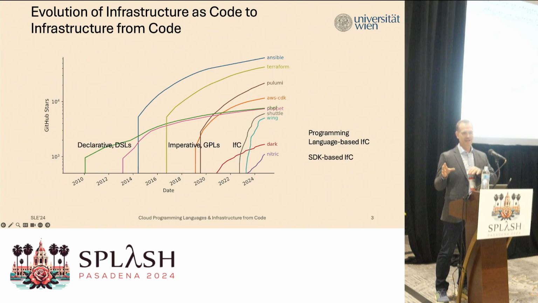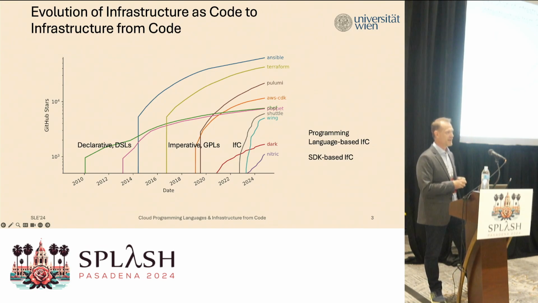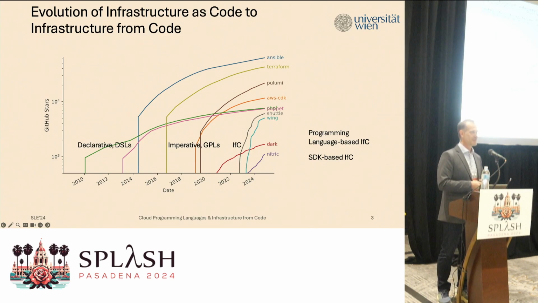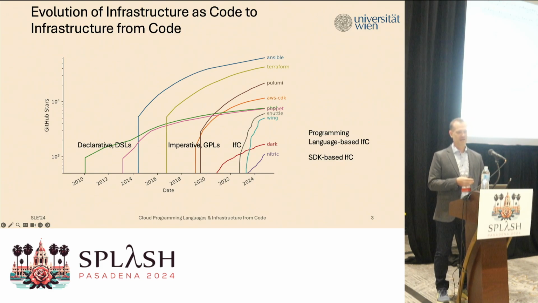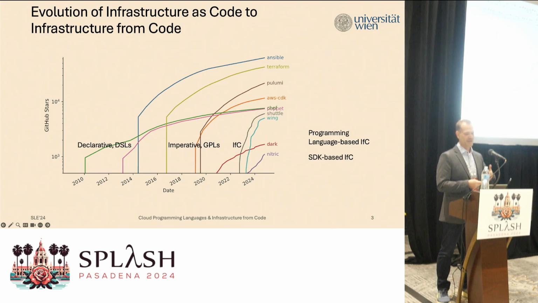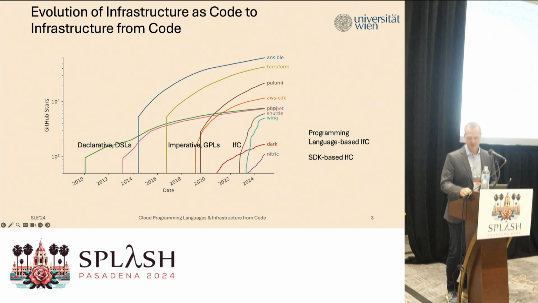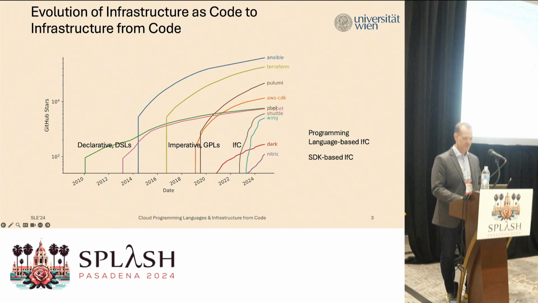So recently, generative infrastructure from code approaches emerged, like in September and October even, and we also see some scan-based approaches, annotation-based approaches, and they quickly change. So, for example, Klotho, one of the examples, used annotations, and they switched to an SDK approach recently. So a lot of dynamics here.